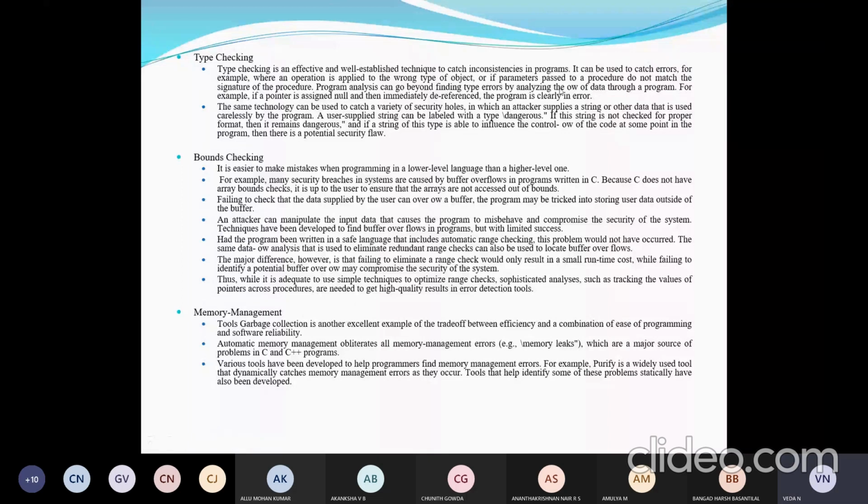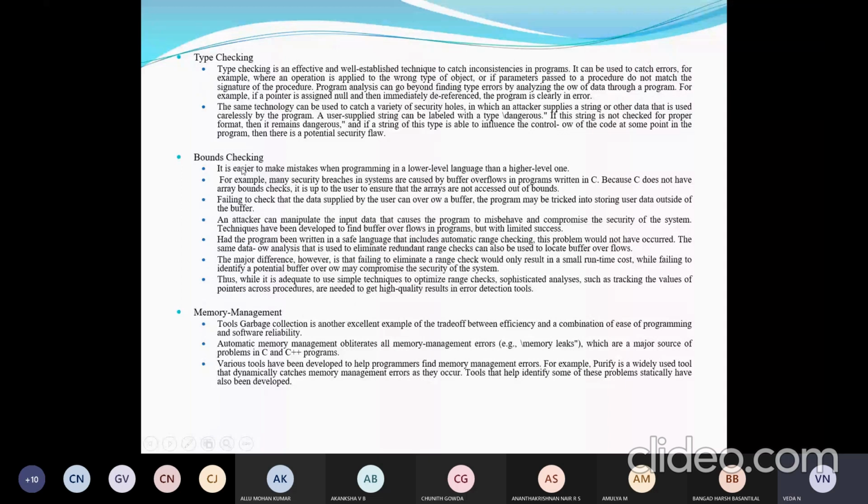Maybe in a C program, if you are using a pointer, you know how pointers can be dangerous at some point of time. So only in the higher level languages, pointers have been eliminated. That concept is not there. So that's how type checking is done.